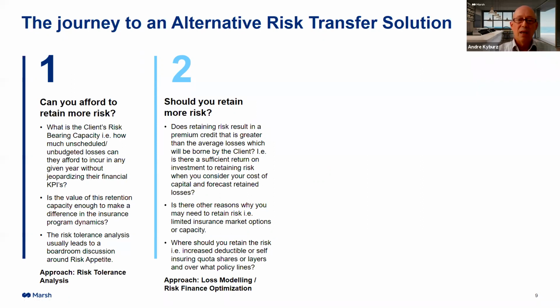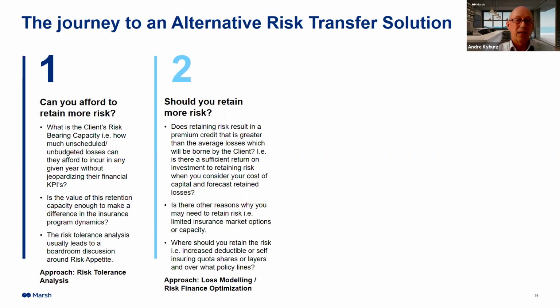Then we look at those loss models and go through a risk finance optimization process where we look at the pricing structures, the technical pricing of the different layers in a program, and overlay the loss models.